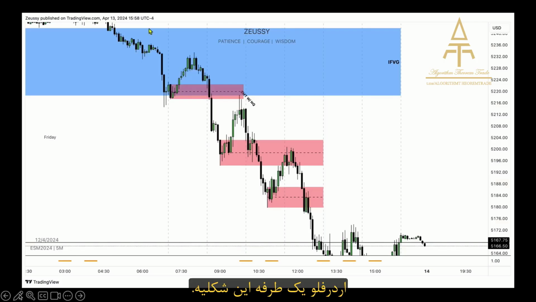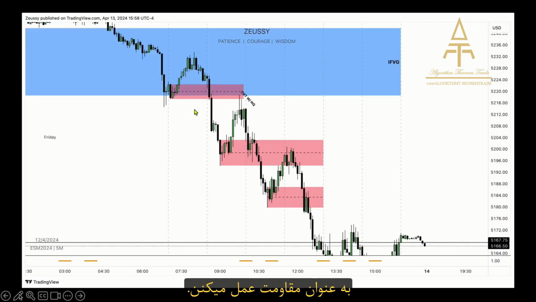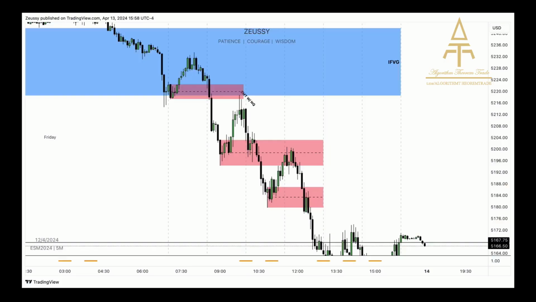This is what real one-sided order flow looks like. This is what high probability short-term scalping looks like, where the market is drawn to a very specific price level and every single array, or basically time-based array I should say, is functioning as resistance from price. When that is the case, these beautiful runs can take place.